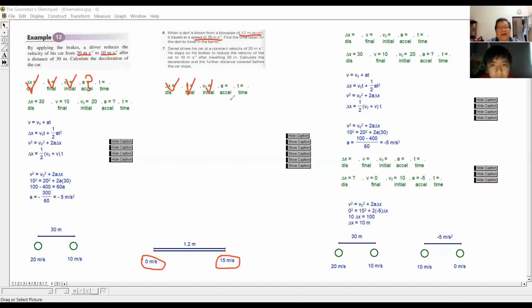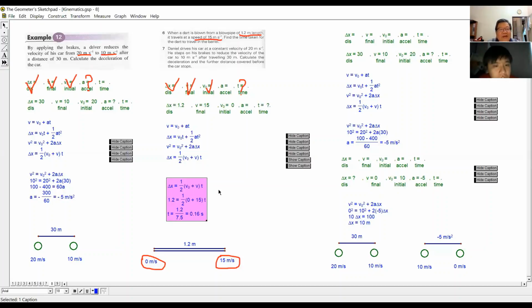So these are the 3 things given. You are asked to find the time. So which equation? We use the fourth one. You just fill up the numbers, and yes, it is the fourth one.